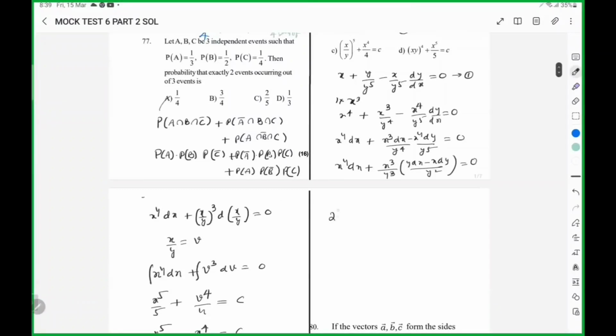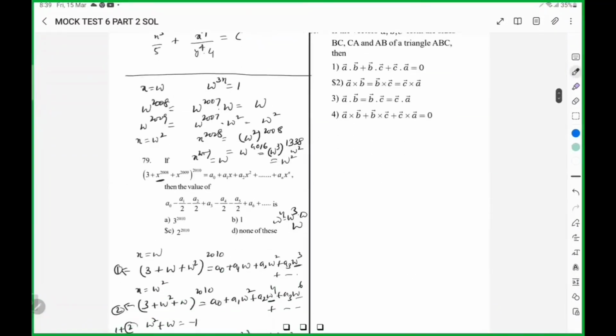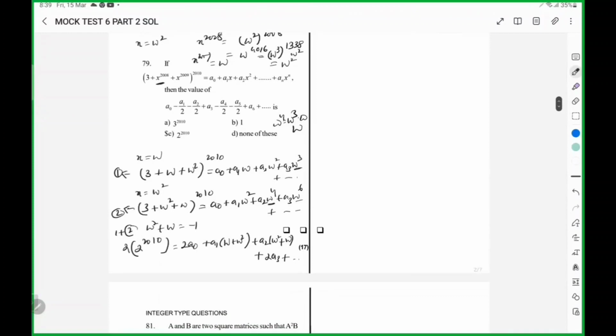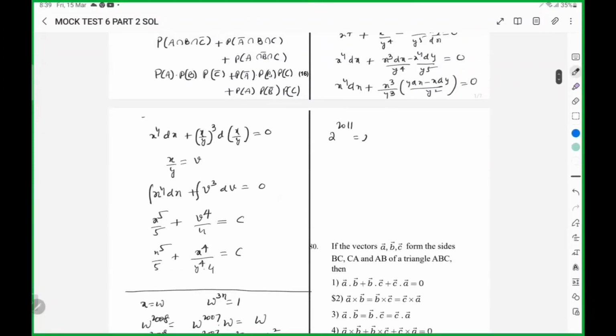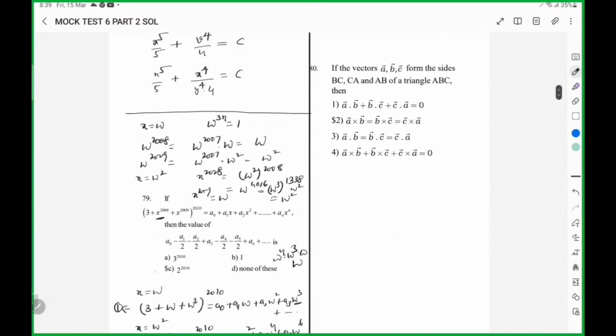So 2 power 2011 equals 2A naught plus A1 into A2 into minus 1 plus 2A3 and so on. Dividing with 2, we get A naught minus A1 by 2 minus A2 by 2 plus A3 and so on. So this is what he is asking. Answer is this.